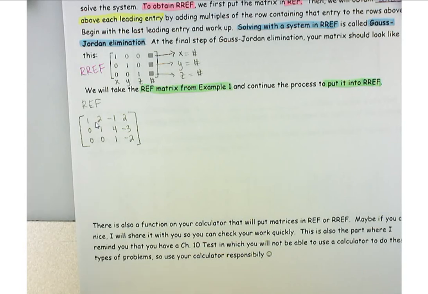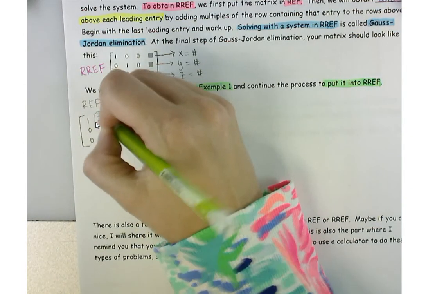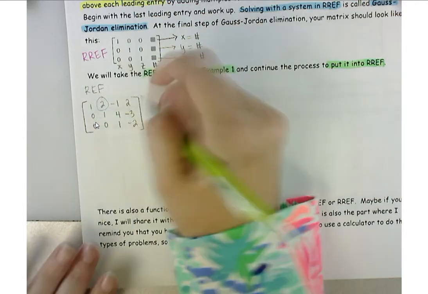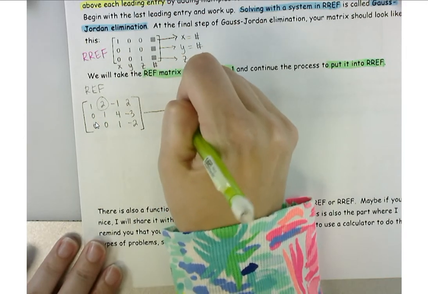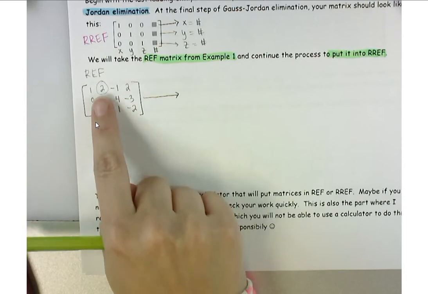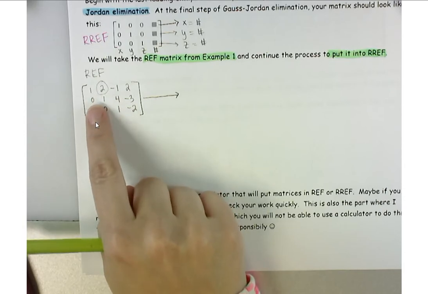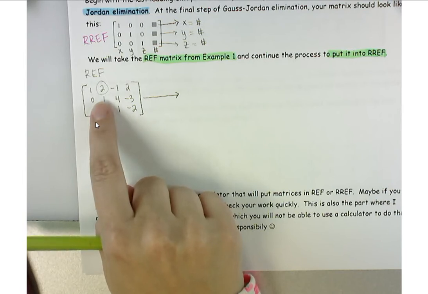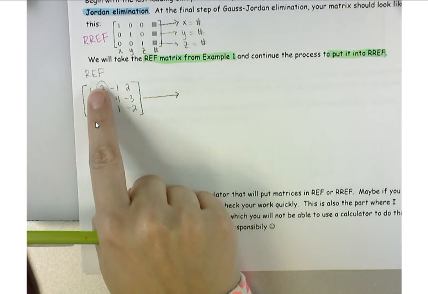Now we're going to start to obtain those zeros above. The first thing I want to do is make this into a 0. When deciding how to make that a 0, see how this row already has that leading 1 right underneath it? We're going to multiply this row by the opposite. The opposite of 2 is negative 2.